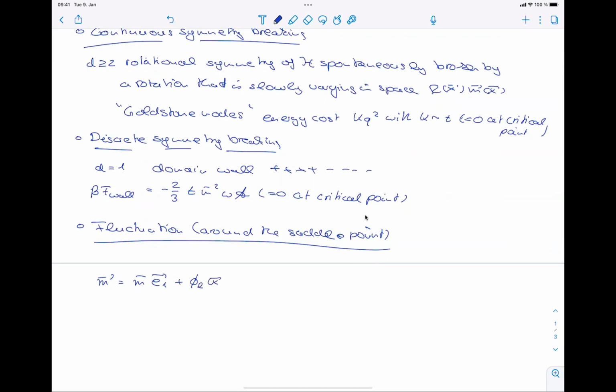And here we distinguish longitudinal fluctuations that are aligned in the direction of the average magnetization, and all the transversal fluctuations that are in all perpendicular dimensions.